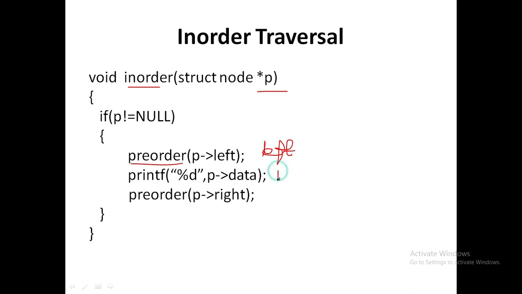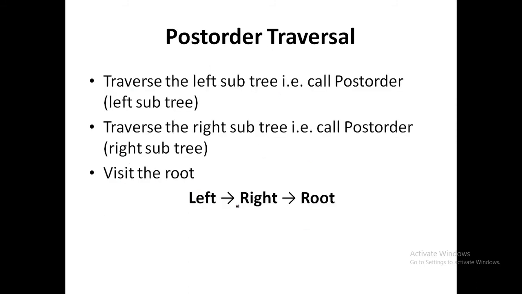After that, we write the root of the tree using a printf statement. After that, we visit the right subtree by using the recursive call of right. So this is a simple routine and easy to remember also.